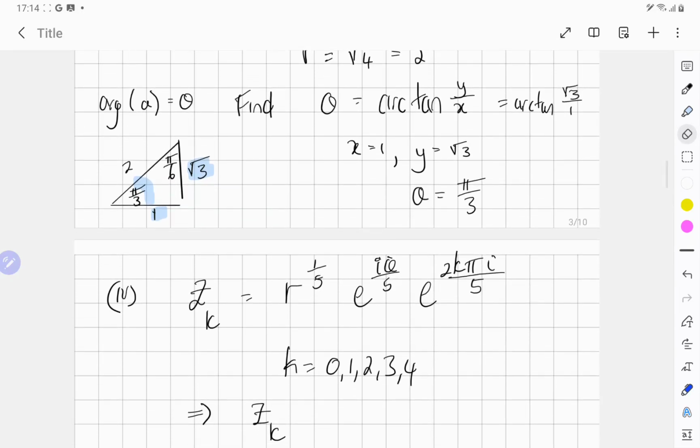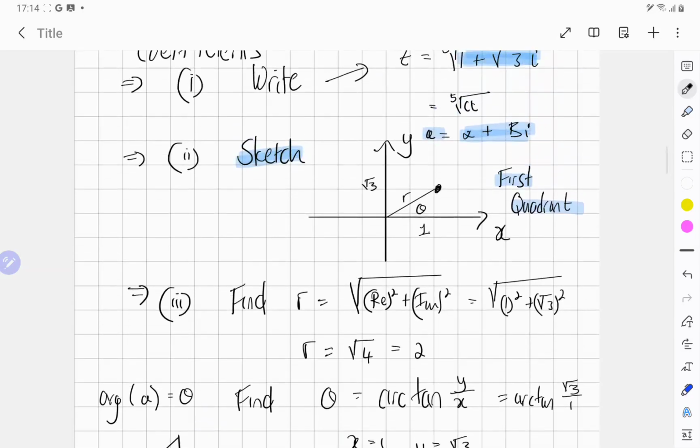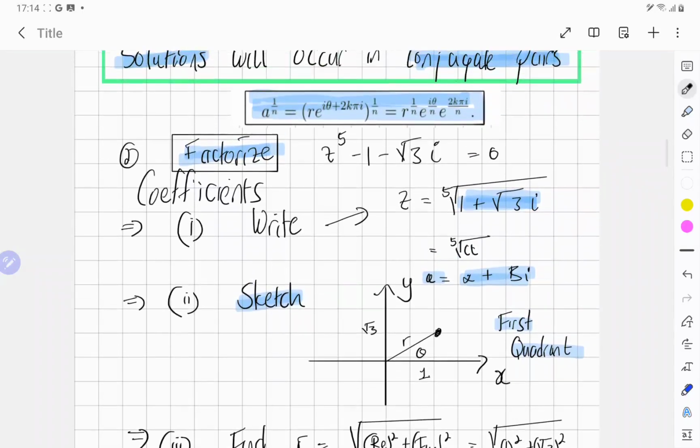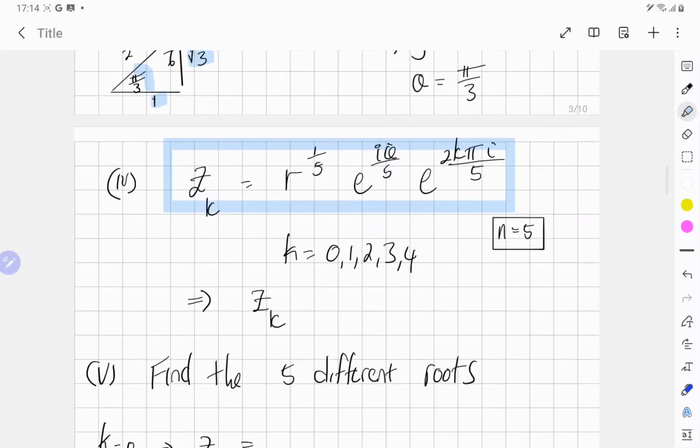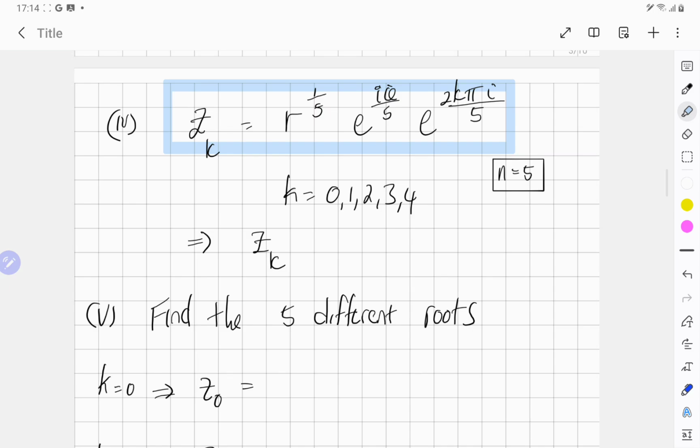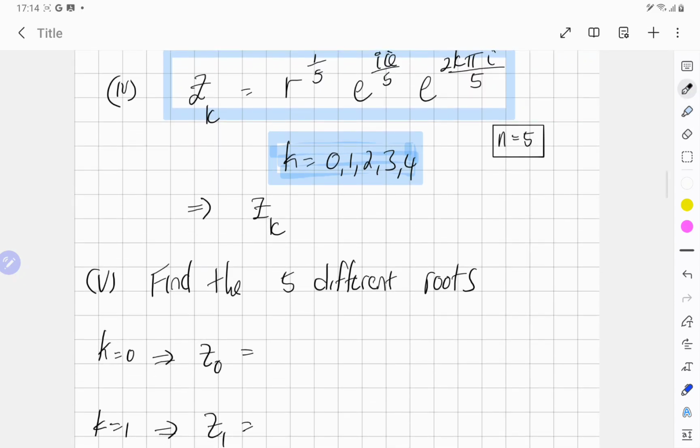Now I'm going to my lovely formula, recalling that my n is 5. Why is my n 5? Since I am doing the fifth root of my complex number. Now recall that k will be from 0 to 4. So we are going to find z_k.